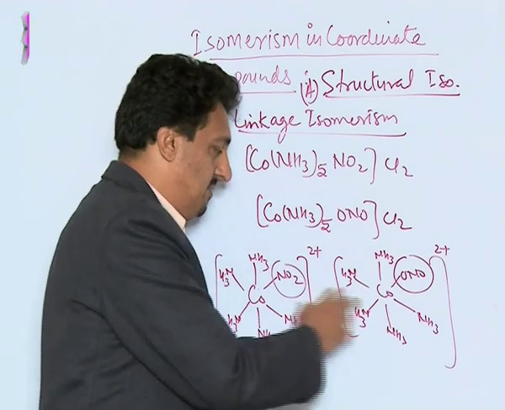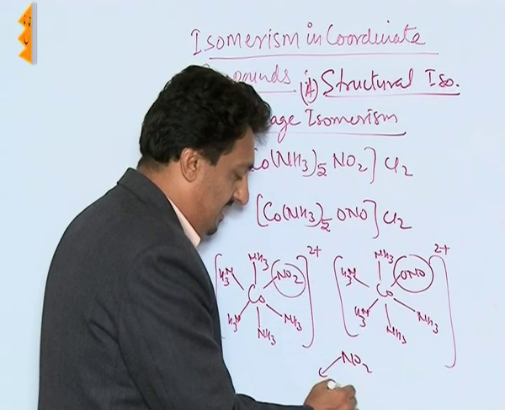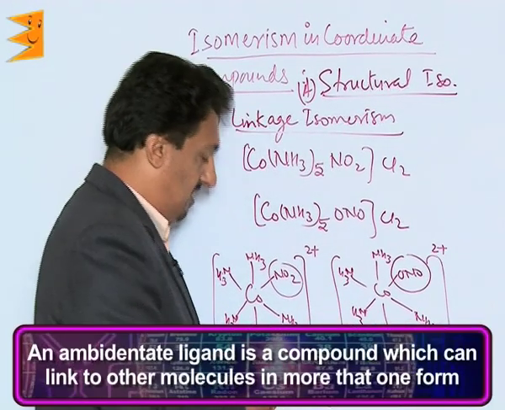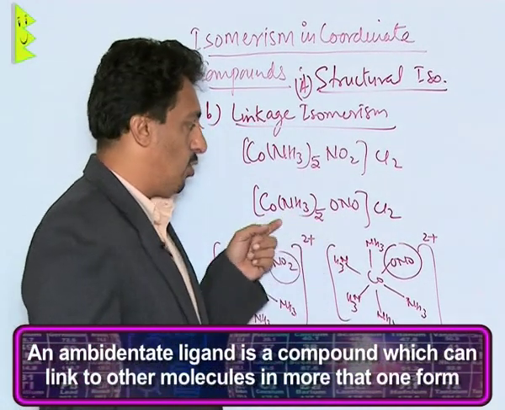So these two are linkage isomers because NO2 ligand is an ambident ligand, and we will call this isomer pentaamine O-nitrito cobalt 3 chloride.